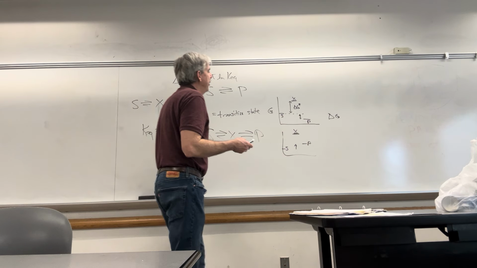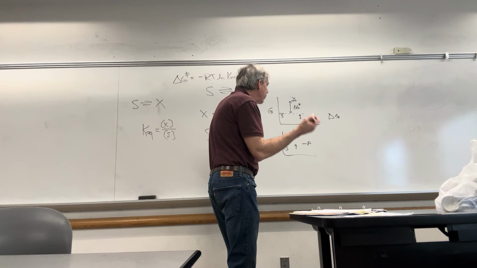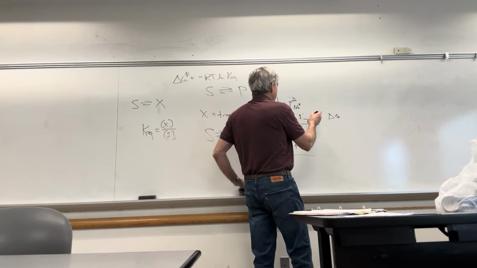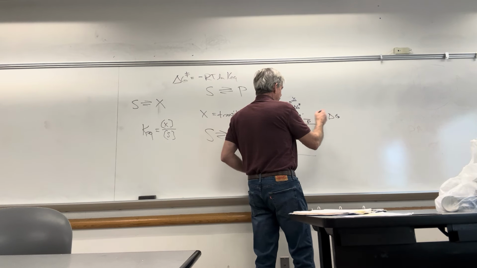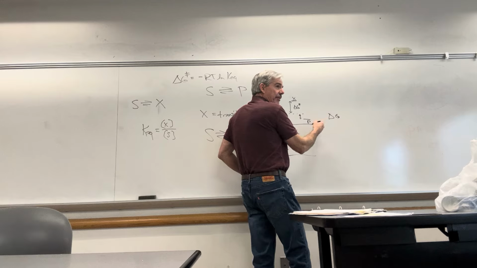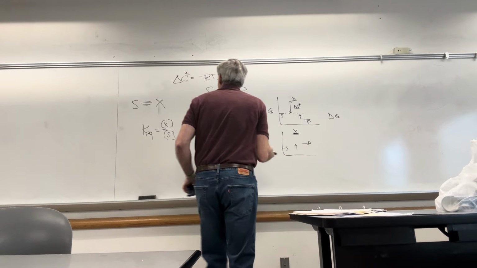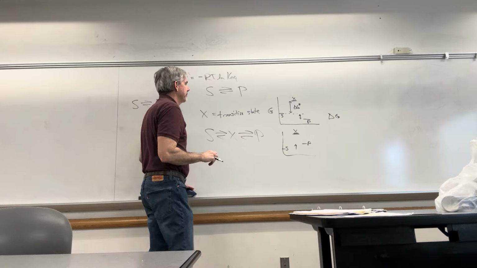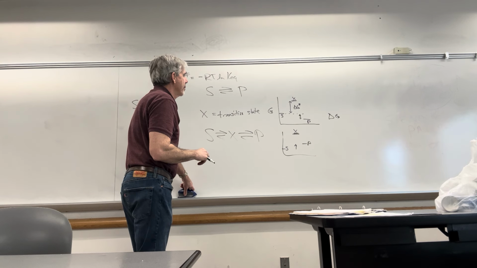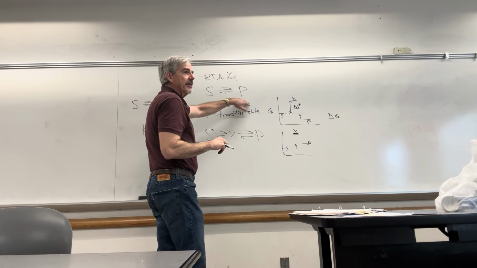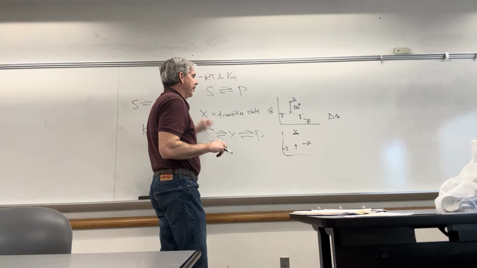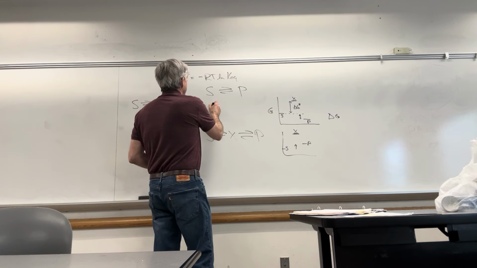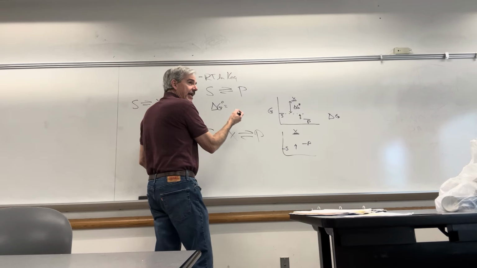So the equilibrium constant for the reaction is going to be related to the overall delta G. So if S goes to P, if substrate can turn into product and product can turn into substrate, there's a relationship between the delta G and the KEQ.